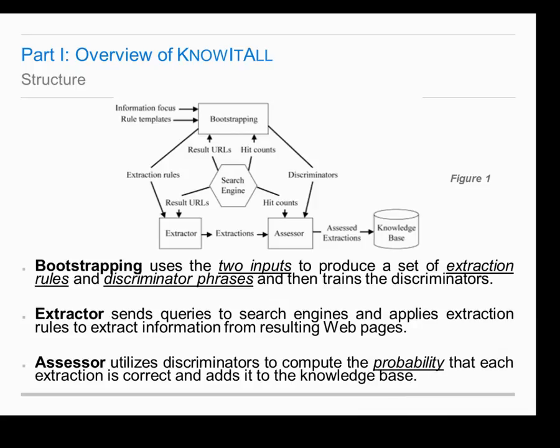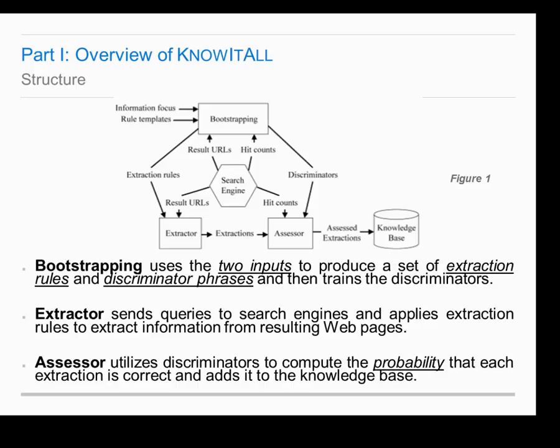So this is the flowchart of the structure of Noit-R. The three important modules are bootstrapping, extractor, and assessor. As you see in figure 1, the two inputs are information focus and root templates. Bootstrapping will use these two inputs and create a set of extraction rules and discriminators. Here we refer to discriminator phrases.